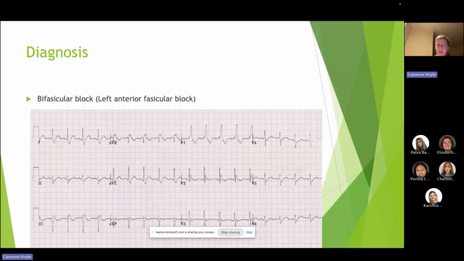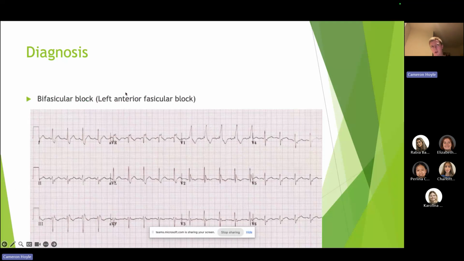This is bifascicular block. Here you've got a right bundle branch block type pattern. You can see the bunny rabbit type ears with a left axis deviation. You can see that V1 and aVF are pointing away from each other, which implies that there is a left axis deviation.